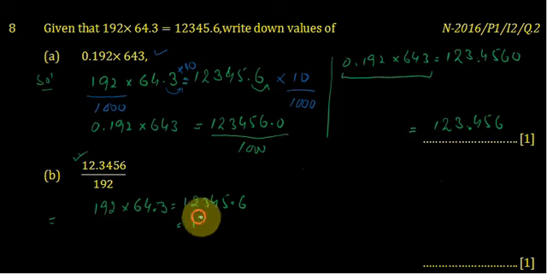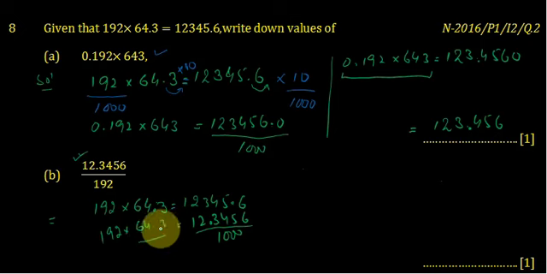So we write 123456 divided by 1000, so that the decimal moves three digits and it becomes 12.3456, which is required. The same operation we perform on the other side: 192 multiplied by 64.3 divided by 1000. The same operation we perform here, so that the equation remains balanced.